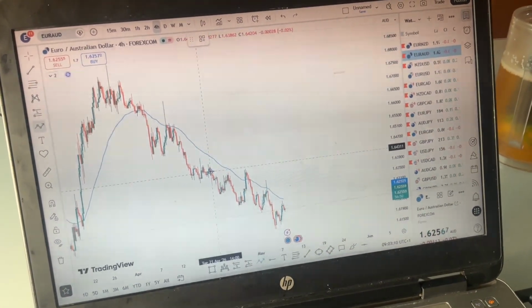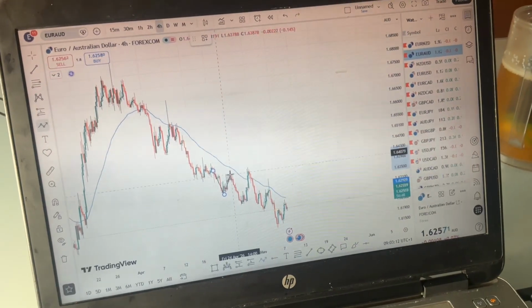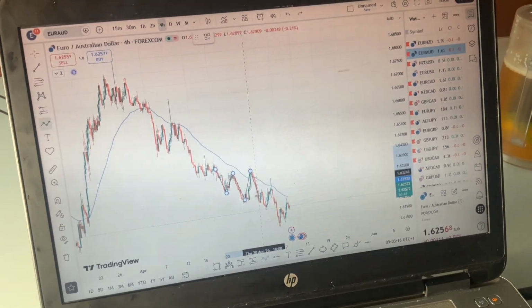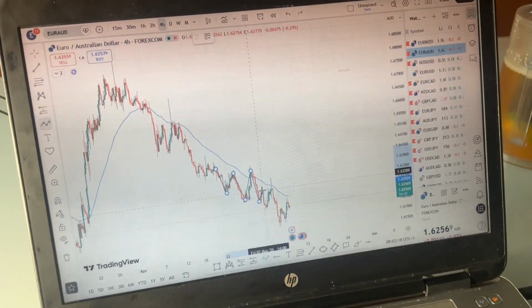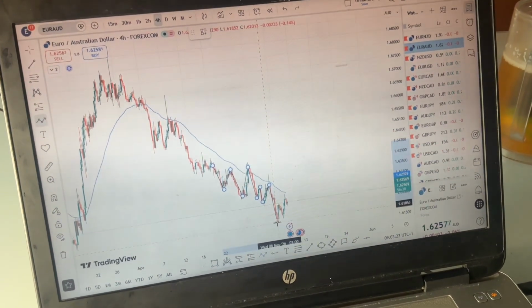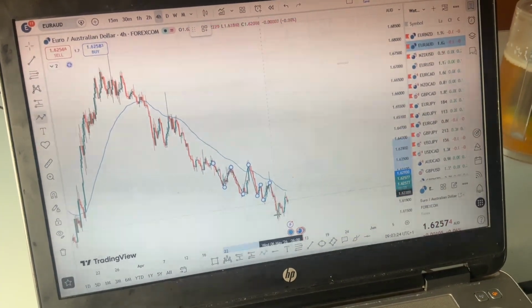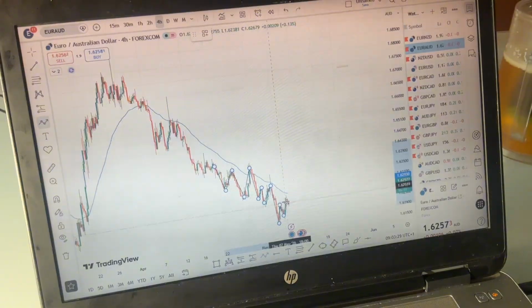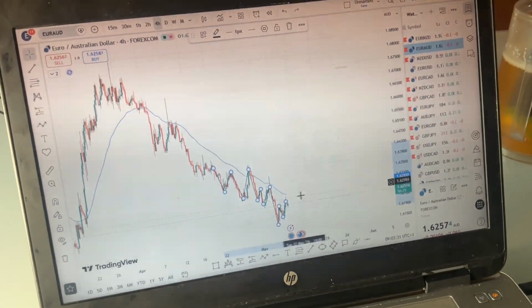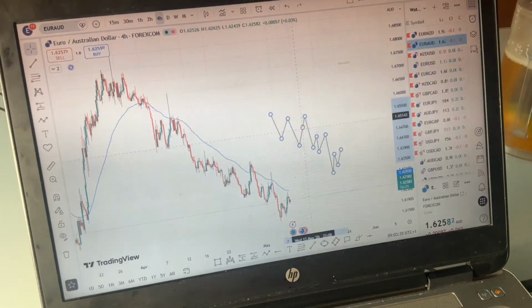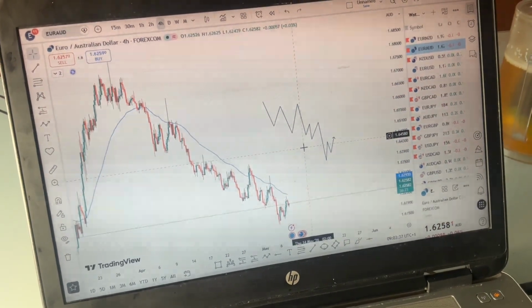We're creating lower low, lower high, lower low, shifted, created a new lower low, lower high, lower low, structure. This is what the 4 hours time frame looks like.